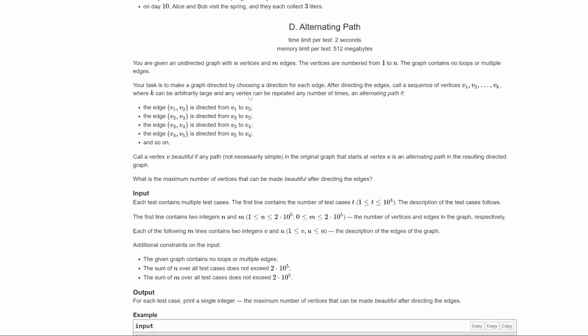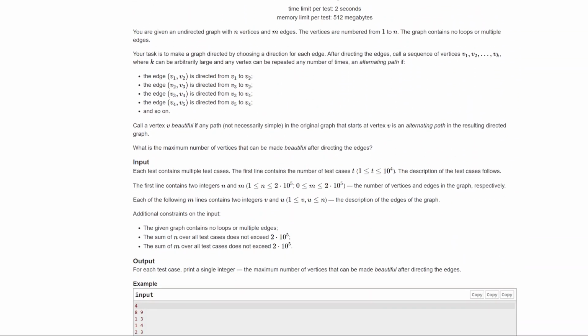Okay, let's assume our D is wrong. This can be wrong.